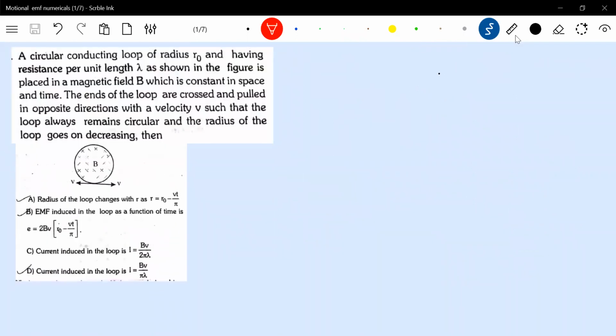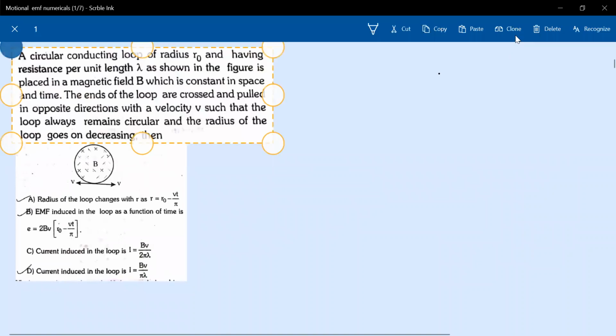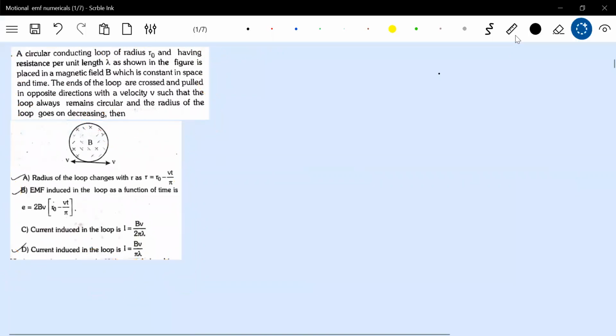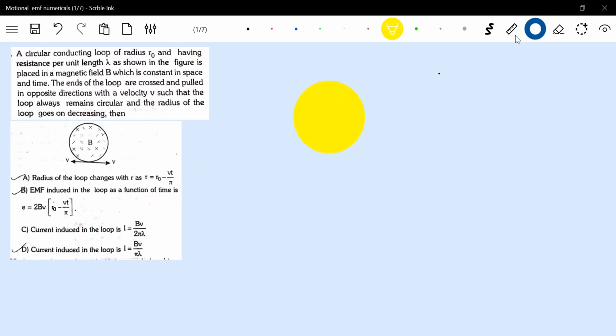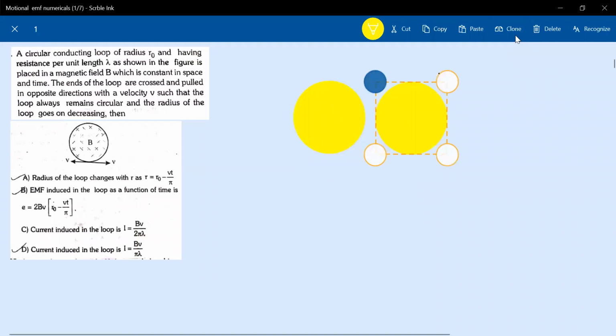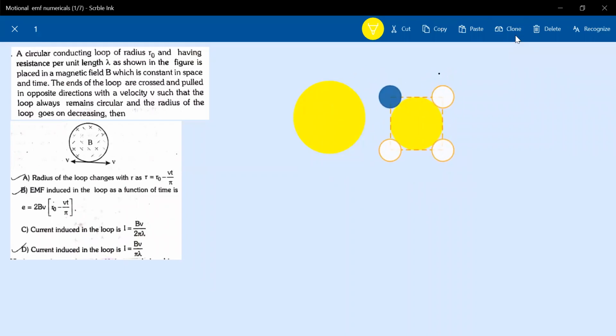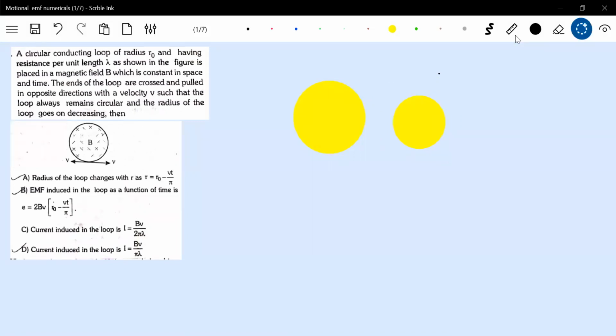Okay, this one. Read the question. If you see this, this will be a loop of radius r naught.